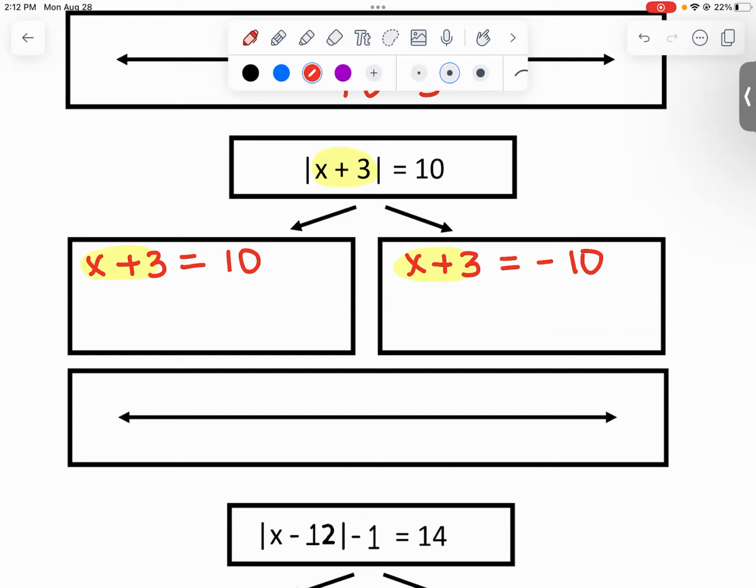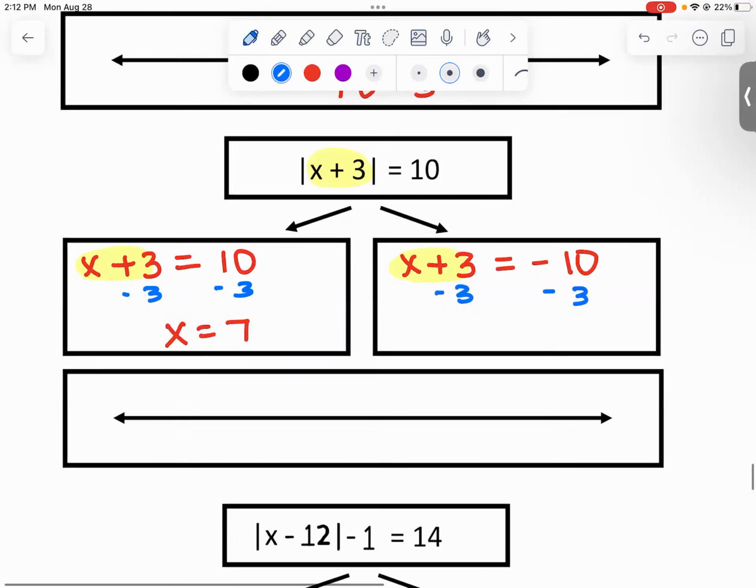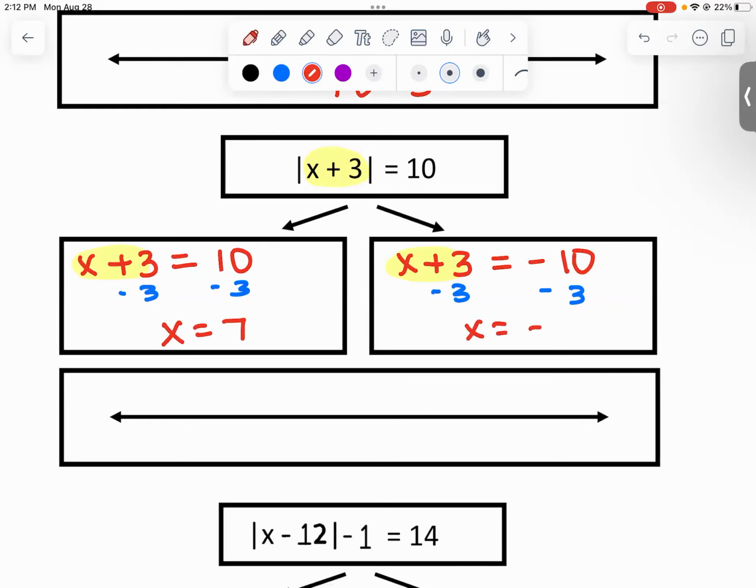Are you okay with what I just set up? x plus 3 is inside the absolute value, so I kept it and set it equal to +10 and -10. Now I can subtract 3 from both sides to get x equals 7. And over here, I can subtract 3 from both sides to get x equals -13.